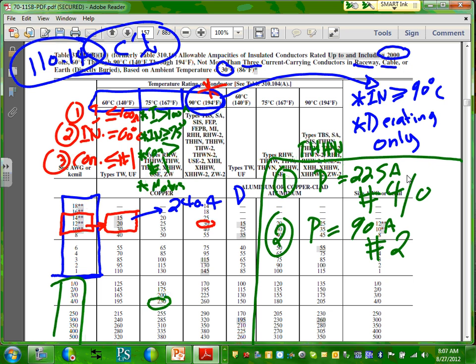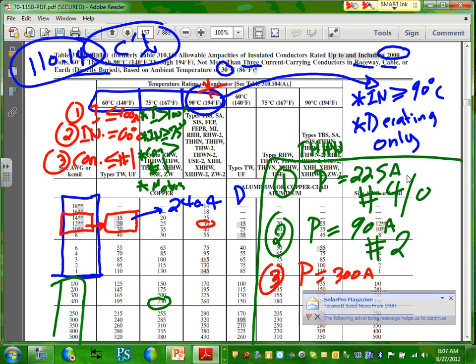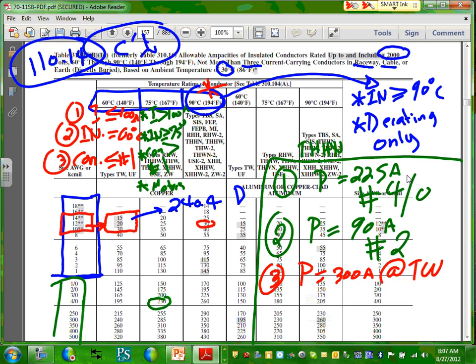Let's take one more example. Example 3. I have a panel, and my panel is, let's say, 300 amp. Because of some issues, I single-handedly decided to use a TW conductor. It's a 300 amp panel, but I'm going to use TW. Which column am I going to go to and why? 60.